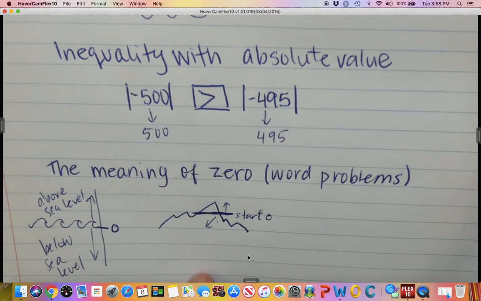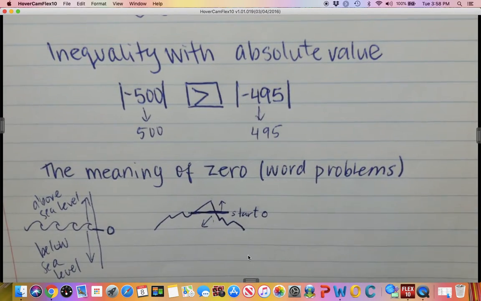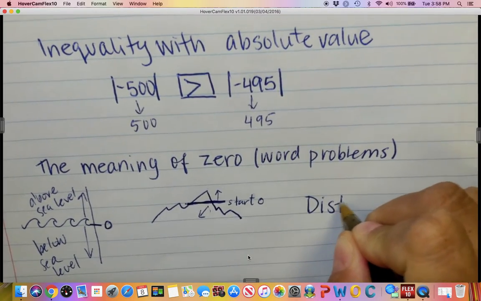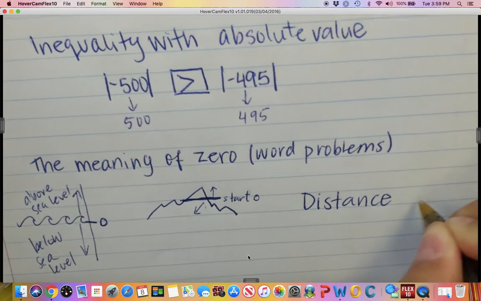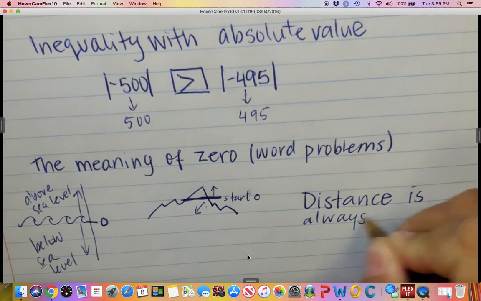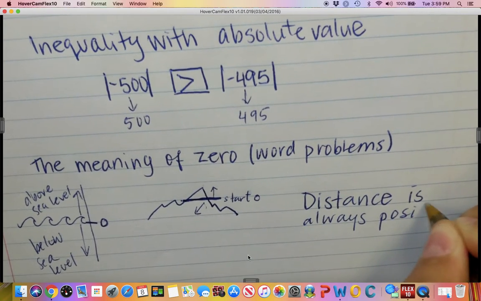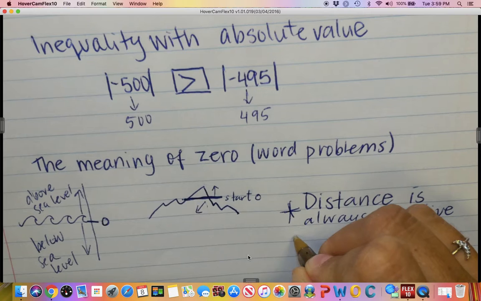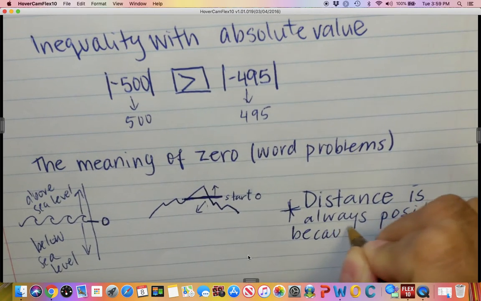It doesn't matter if I'm talking about distance. I'm going to write this down because this is important. Distance is always positive because it's absolute value.